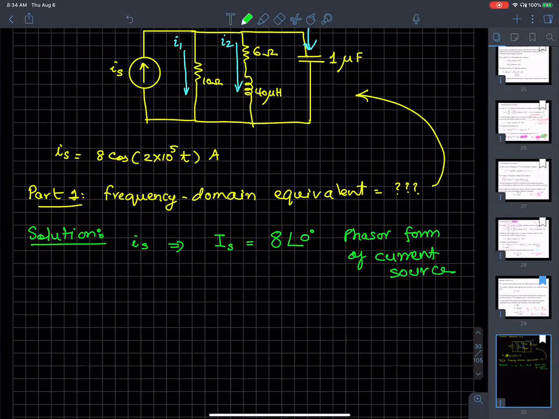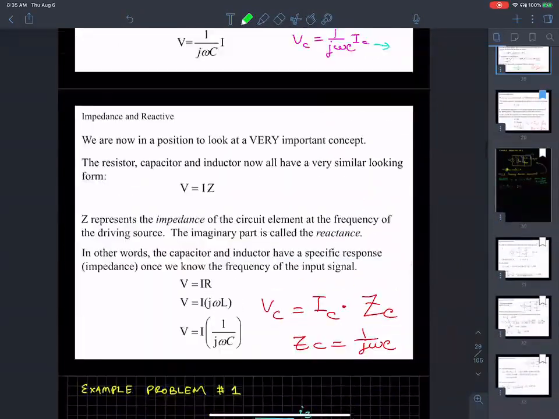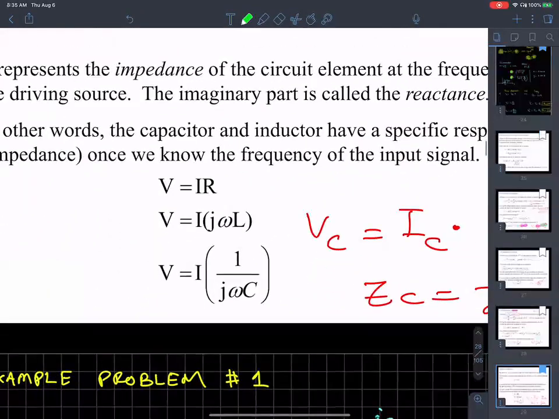The next thing I'm going to do is transform the inductor. Look at the inductor and find the complex impedance. The complex impedance ZL for an inductor was given to be j omega L. If you remember, go back: for a resistance, V is IR.